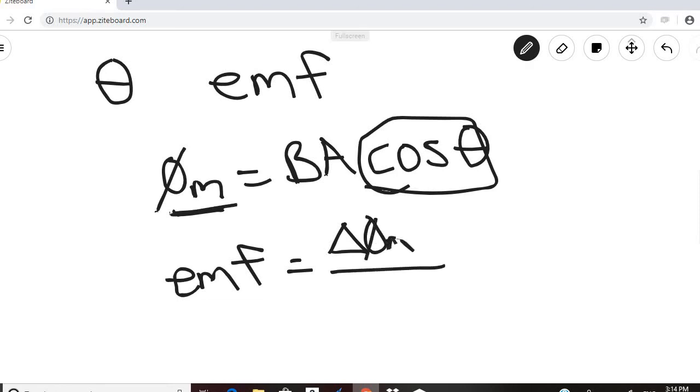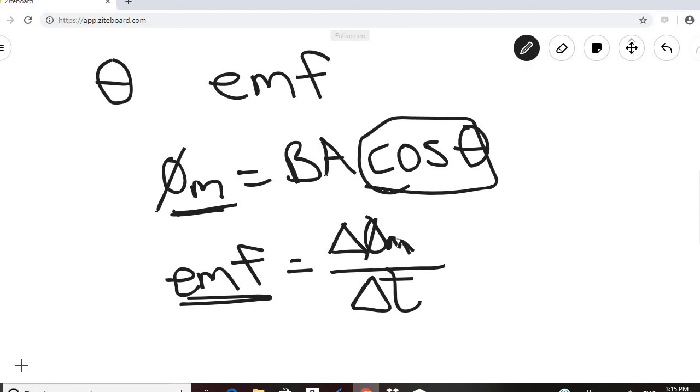And the faster that change occurs, the greater will be the electromotive force. So as the magnetic field changes, that produces this potential difference.